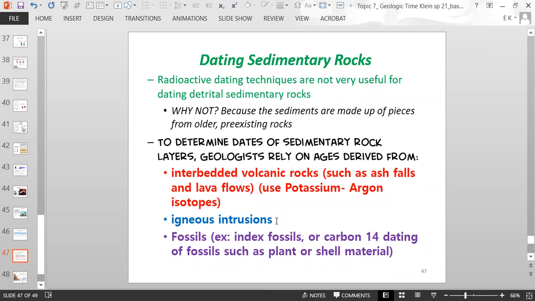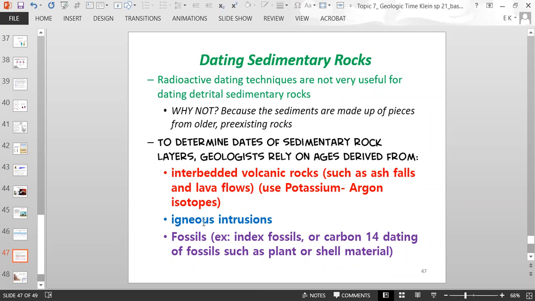You can also look for igneous intrusions and then date those. But again, you would be using relative dating and saying, okay, these rock layers are younger or older than the igneous intrusion, depending on the relative dating rules that you see in the rock layers.